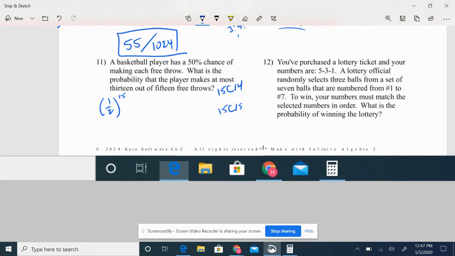Now 15 choose 14, that's what? 15 factorial over 1 factorial, 14 factorial. That's 15 times. 15 choose 15 is 1 time. So there's 16. Okay.